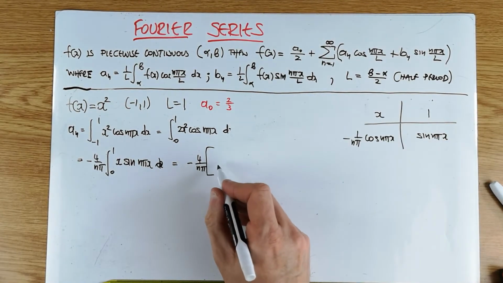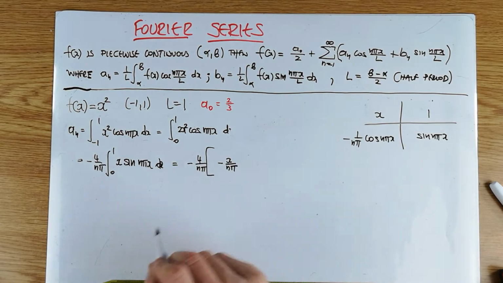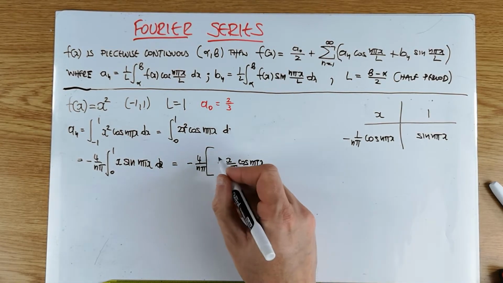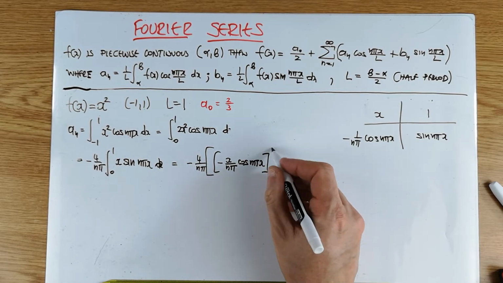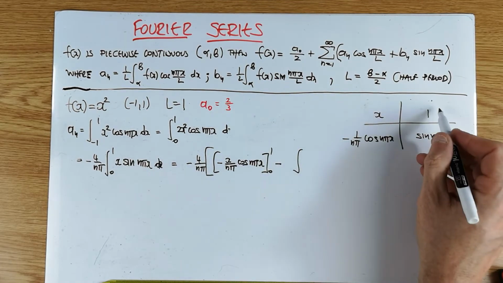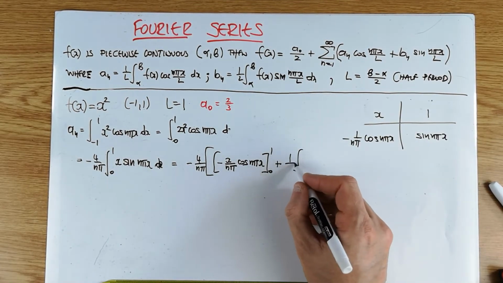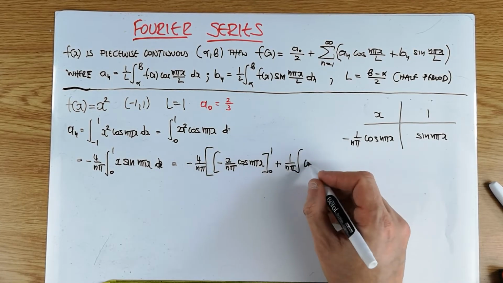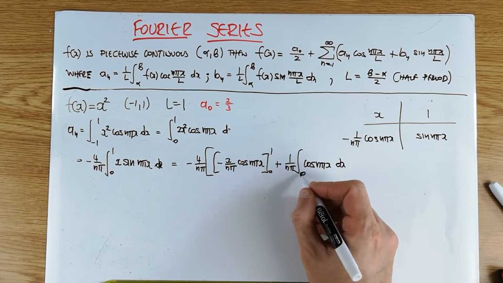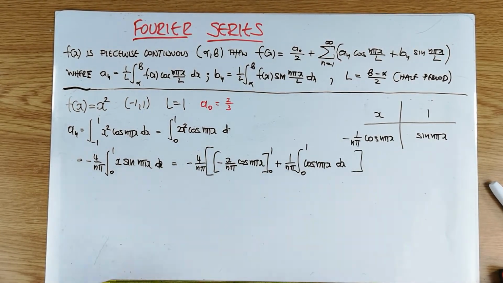Product of this to be evaluated, so it's going to be minus x over n pi cos of n pi x to be evaluated between 0 and 1, minus the integral of the product of this diagonal. So it's going to be, first of all, a plus. The 1 over n pi I'll write at the front, the cos of n pi x dx between the limits of 0 and 1. And of course I need to close this bracket because everything is multiplied by this quantity at the front.